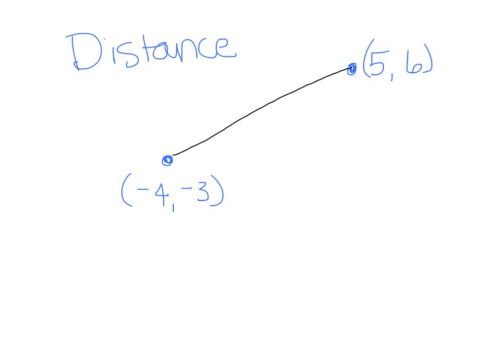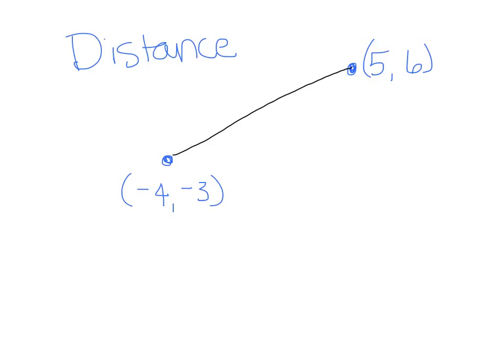Distance between 2 points can be represented as a line. So if I have a point here that's -4, -3, and I have another point over here, 5, 6 is my second point, I want to know what is the distance between those. To find that distance, it would be the length of that segment.